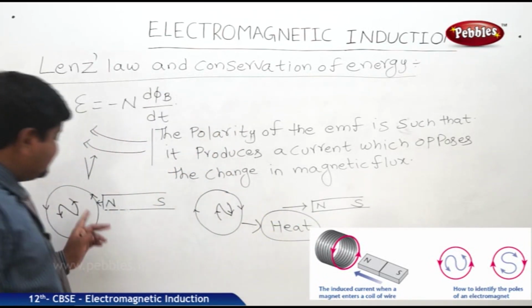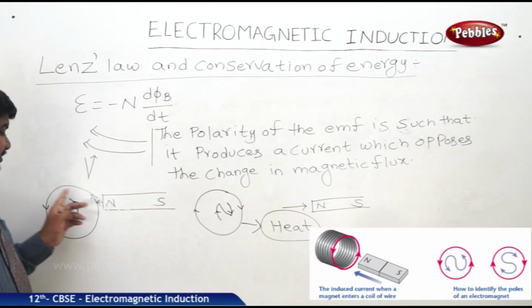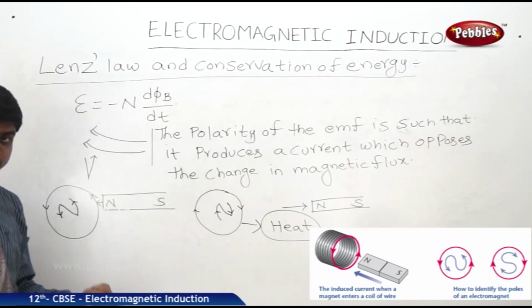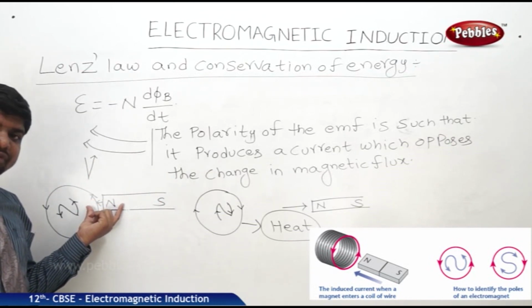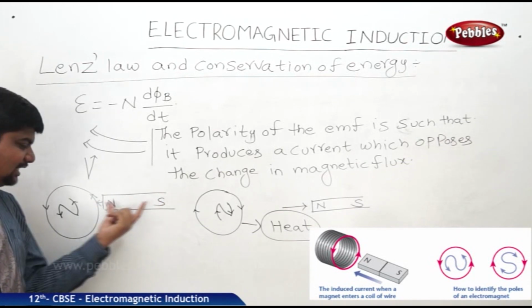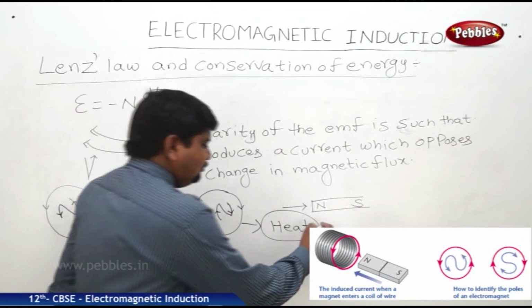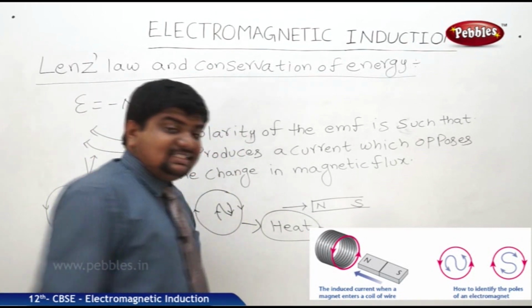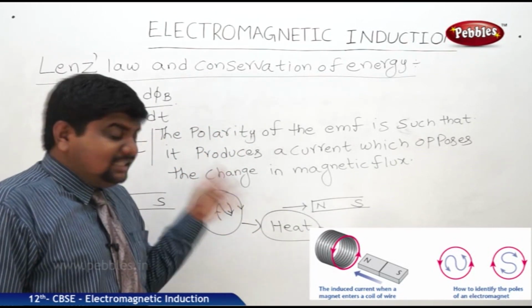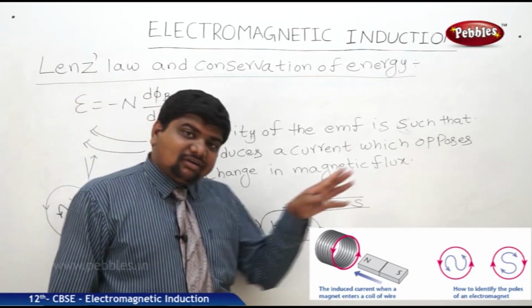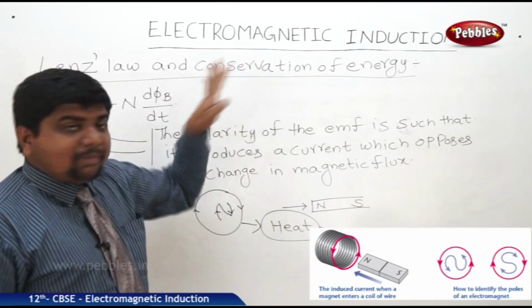That's why, because of this opposite polarity, the coil's resistance will play the key role. That means the person should do work to keep the magnet near the coil, and the energy spent in doing this work is dissipated in the form of heat. This effect is called the heating effect of electricity or heating effect of electromagnetism.